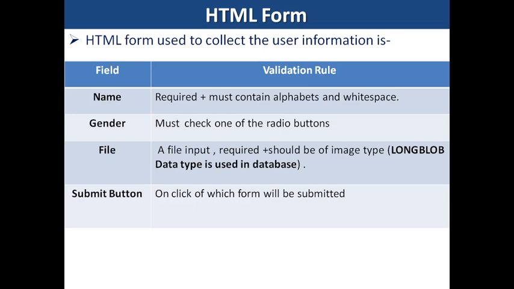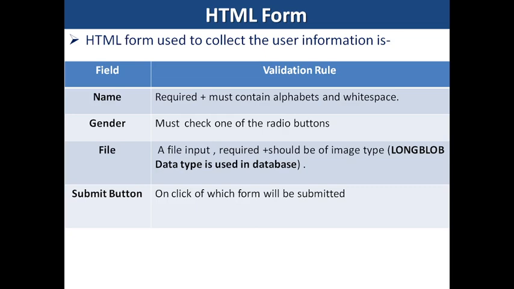The form we will use has a name input, which should be required and must contain only alphabets and white space. For gender, the user must check one of the radio buttons, and then a file input to select the file. We will use an image, to show how to upload an image.